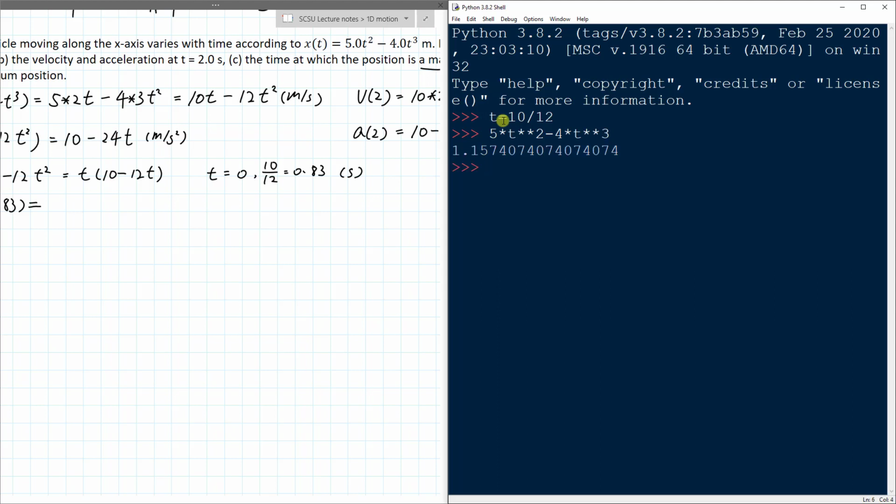Okay, so this gives us 1.16, or maybe 1.2. It depends on how many sig figs we're keeping. If the question has 2 sig figs, we should probably keep 2 sig figs. So let's actually do that, and we'll go over here.